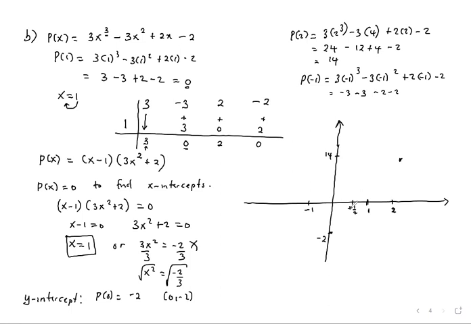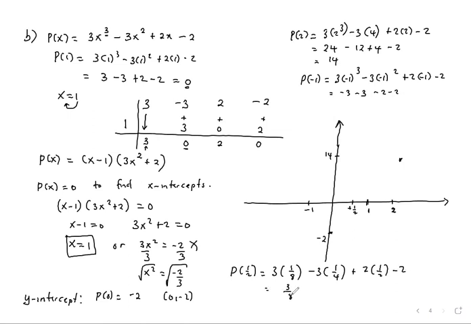At positive half, P of half is equal to 3 times 1/8, minus 3 times 1/4, plus 2 times 1/2, minus 2.